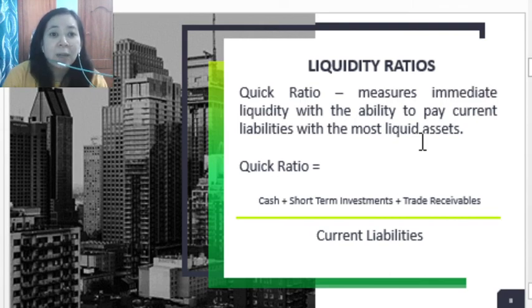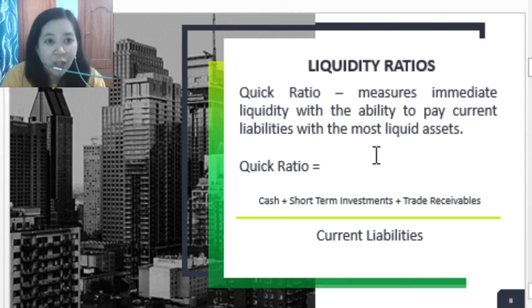However, the difference is that we do not include the non-cash current assets that take longer to convert into cash, like our inventory and prepaid expenses. They are considered to be the least liquid among the current assets.